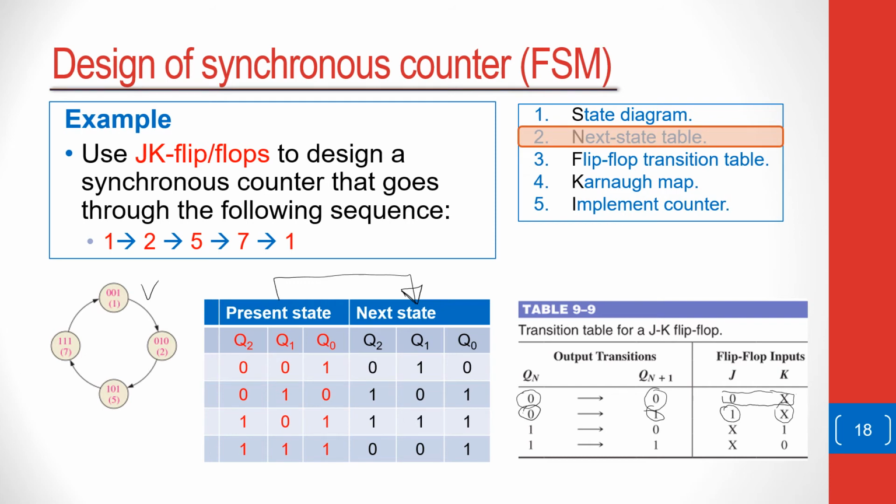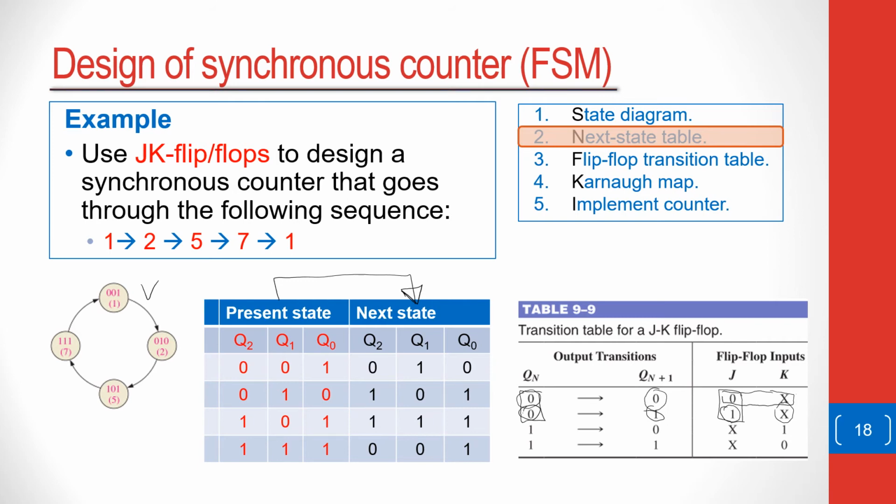So in fact, you see that when you are moving from a state of 0 to any other state, all you care about is the J, the set input, and the K doesn't really matter. If you are moving from 0 to 0, the J is 0. If you're moving from 0 to 1, the J is 1.